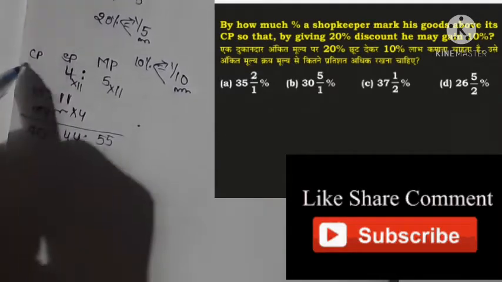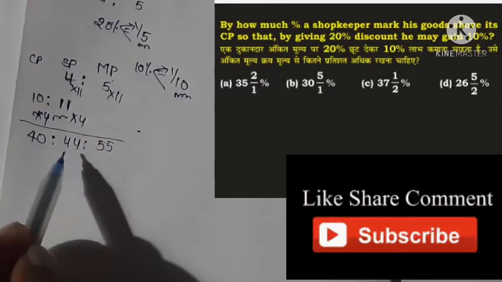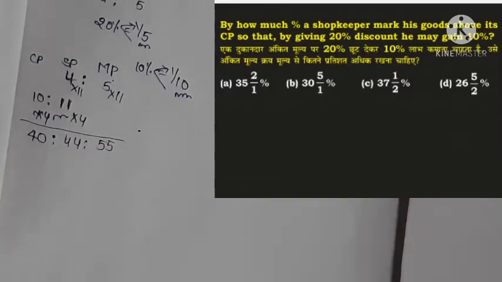The cost price, selling price and mark price are in the ratio of 40:44:55. By what percentage does a shopkeeper mark his goods above its CP?